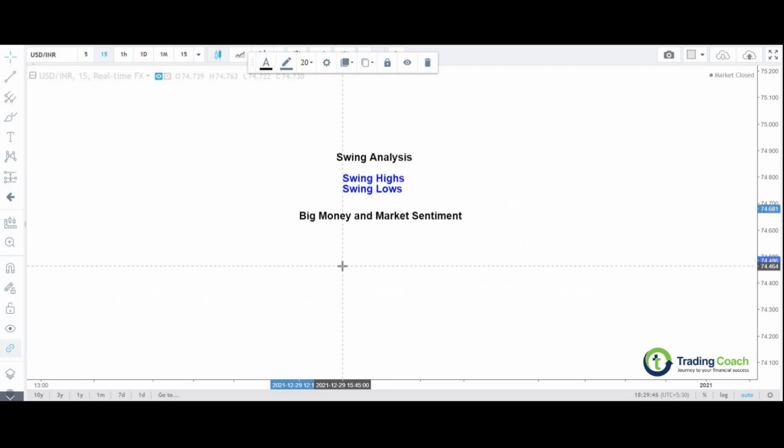It will help us to identify which market sentiment we are experiencing right now, whether we are in a bullish market sentiment or a bearish market sentiment. Likewise, it will also help us to understand when the market sentiment is actually changing. When we try to analyze the swing highs and swing lows, we usually call it swing analysis.